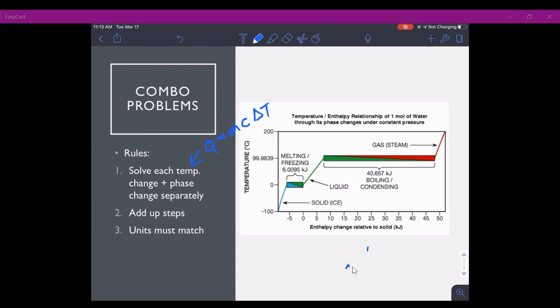For any phase change, we use our setup from 10.1. Once we've done that, we add up the steps. We have to remember our sig fig rules for adding. I'll do that in an example. And our units must match. Typically one thing is in calories or joules, and the other is in kilocalories or kilojoules, and you need to change those so that they match.